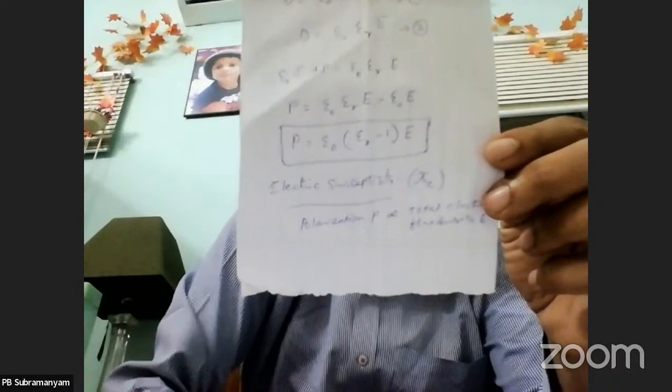So the equation can be written as capital P equals epsilon naught chi E times E. This is how it is defined.